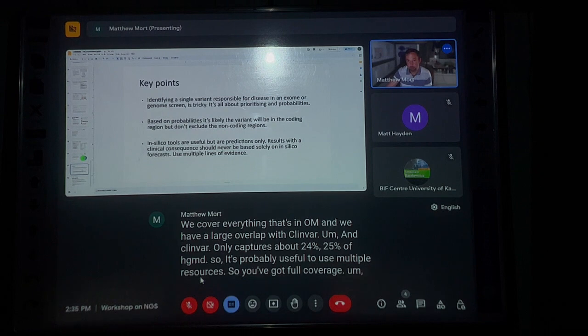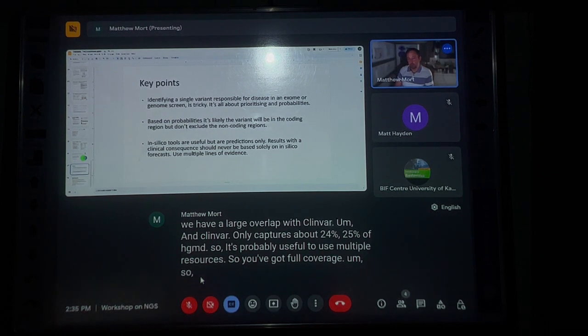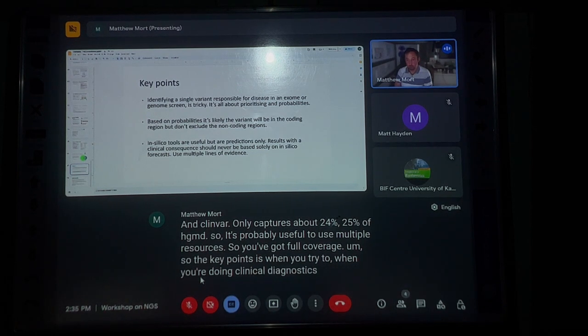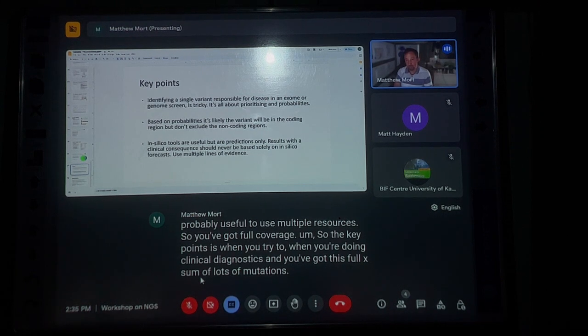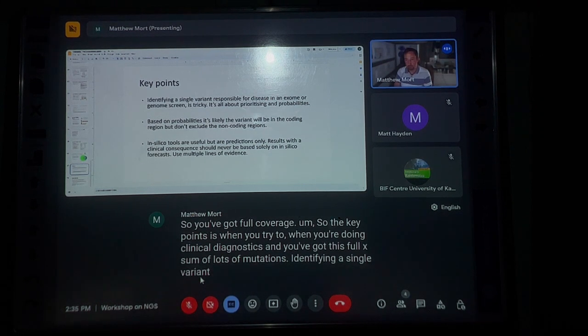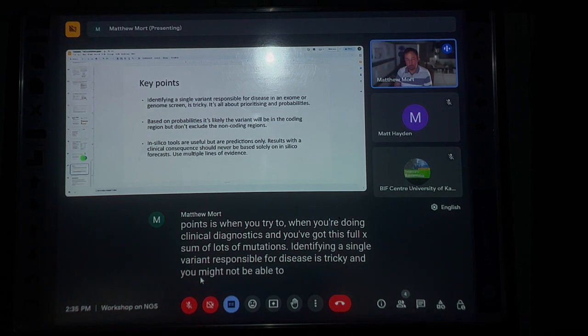So the key points: when you're doing clinical diagnostics and you've got this full exome of lots of mutations, identifying a single variant responsible for disease is tricky. You might not be able to narrow it down to one.